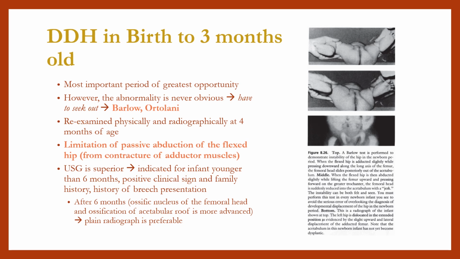Look for limitation of passive abduction of the flexed hip. Ultrasonography is superior. It is indicated for infants younger than 6 months with positive clinical signs, family history, and history of breech presentation. After 6 months, plain radiograph is preferable.